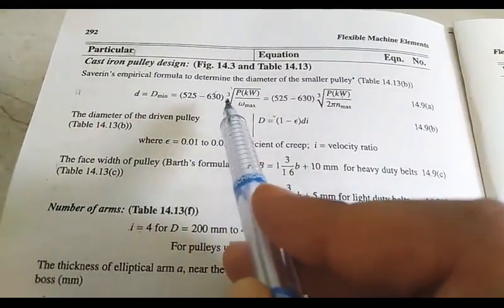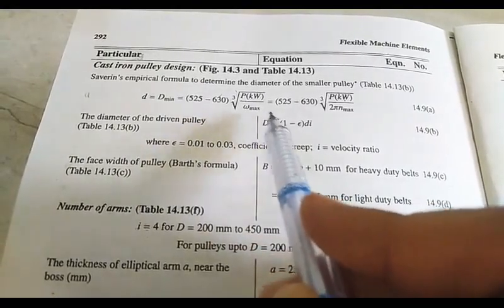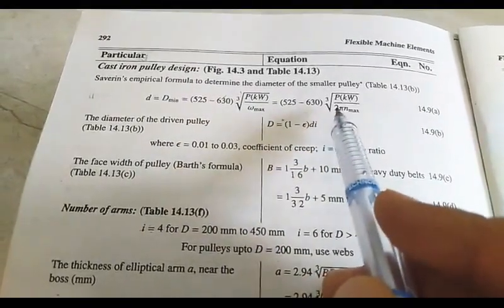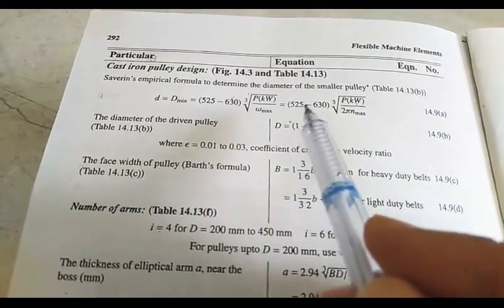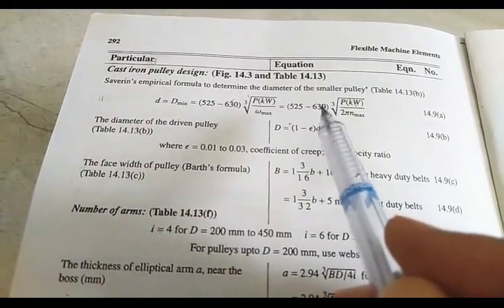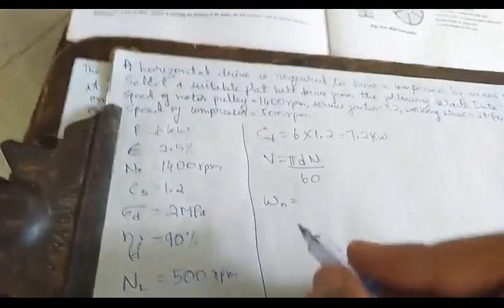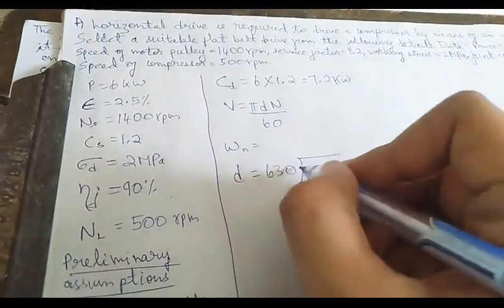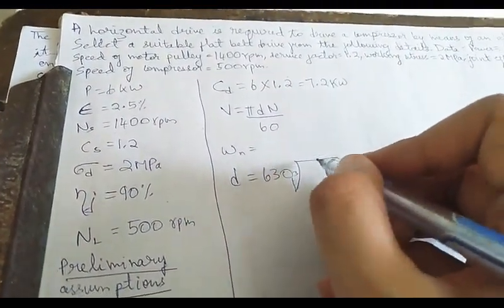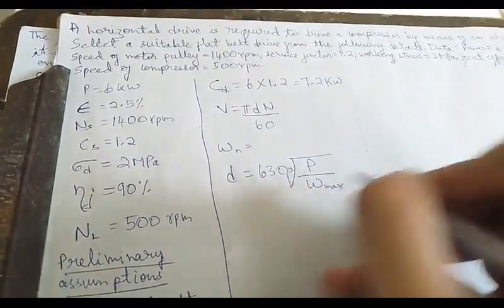Here they have given 535 to 630 times the cube root of power in kilowatts divided by omega max. The value of omega max is 2 pi n max by 60. Here the range is 525 to 630, so we shall take the higher value, 630. D is equal to 630 cube root of power divided by omega max.